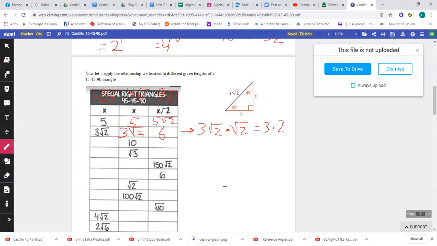So what I want you to do is I want you to do the next 2 rows on your own.